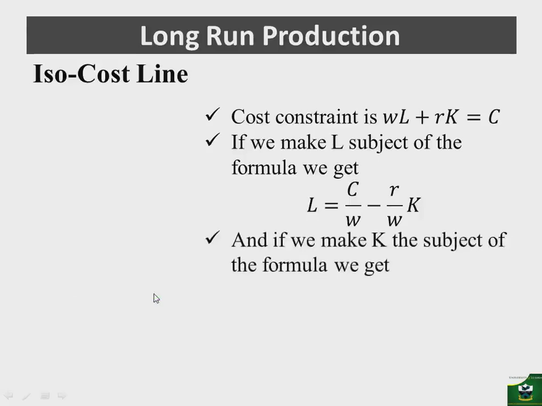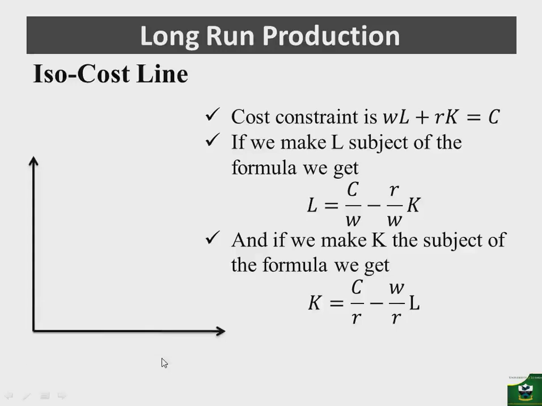Okay, and if we make K the subject of the formula, we end up with this equation. Again, to be noted here is that this ratio is the vertical intercept. Then the other part that we have here, negative W over R, is the slope of the isocost line. With this in mind, we can draw our isocost line.